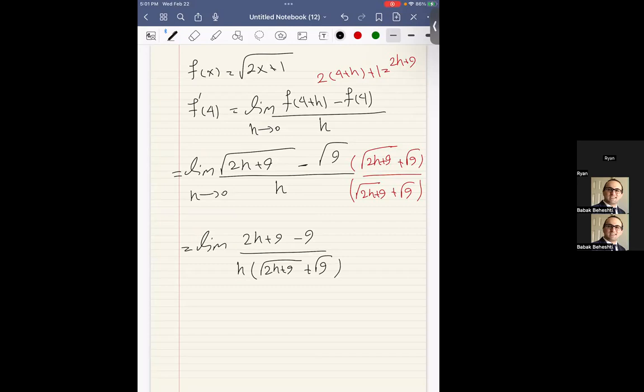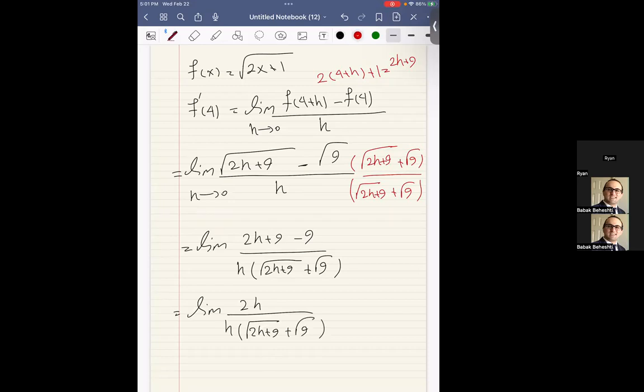If you simplify, 2h plus 9 minus 9 is just 2h, and on the denominator, you have h times this guy, root 2h plus 9 plus root 9.